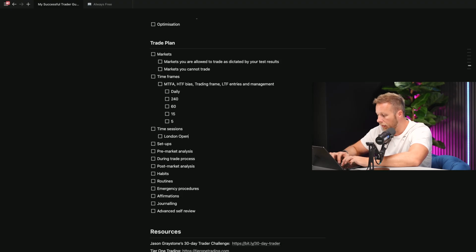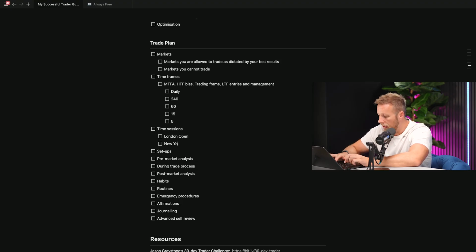The next thing you want in your trade plan is the time sessions. Time frames is more to do with what charts you look at to place the trades. Your time sessions are like when in a day you're allowed to trade. Is it the London Open? Is it the New York and London crossover?